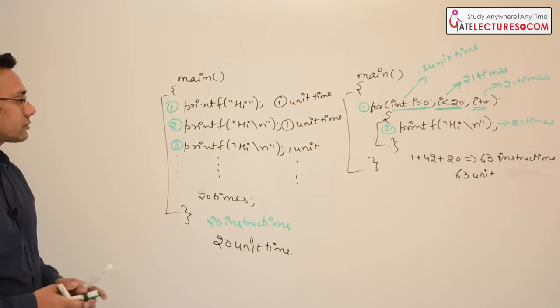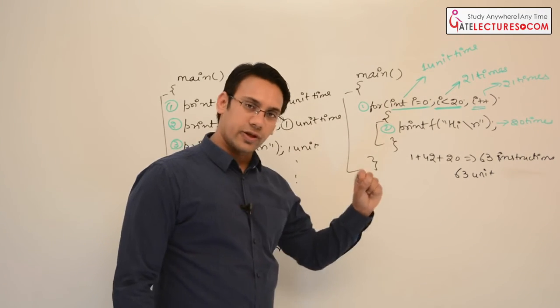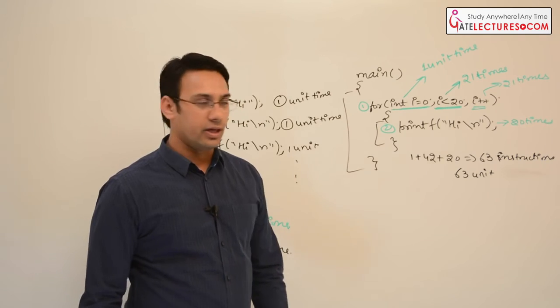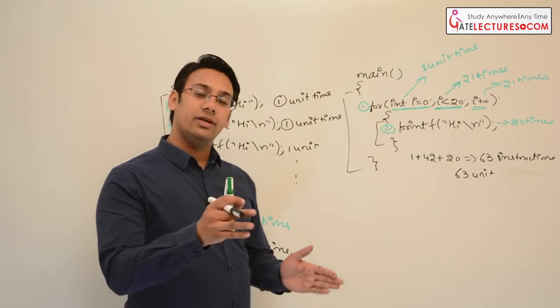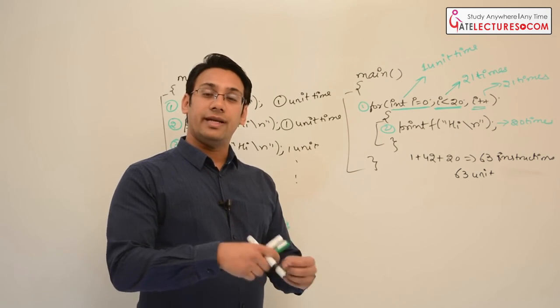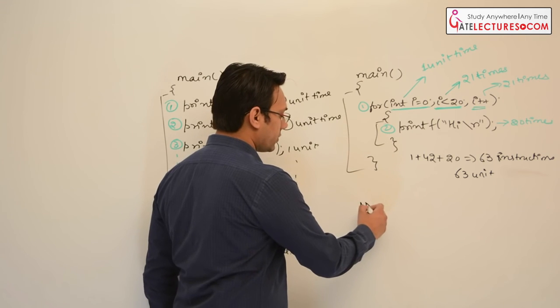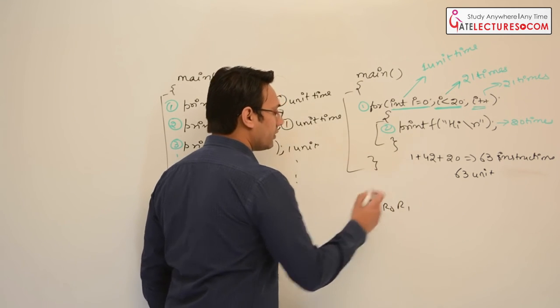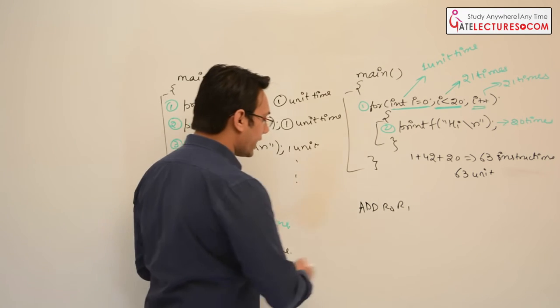Okay. Now, as you can see, we have compared these two programs on the basis of the number of instructions being executed. In the actual scenario, we have neglected some things. What are those things? Let us suppose we had this program, add R0, R1. For every instruction, we have neglected the actual clock cycles.